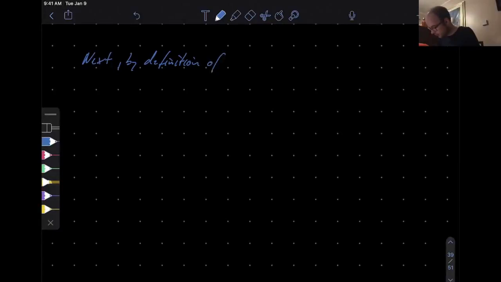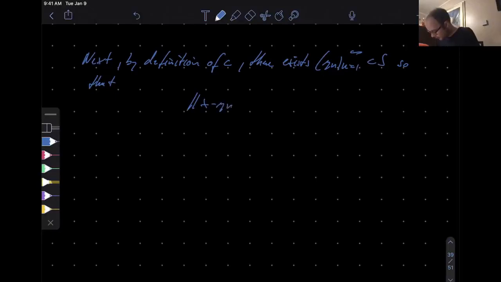Next, by definition of C, there exists sequence yn in S, so that, well, we have x minus yn. So this quantity, as n goes to infinity, it will converge to the C.